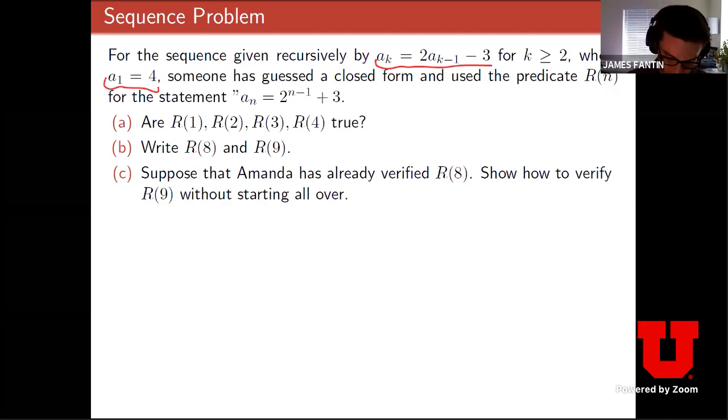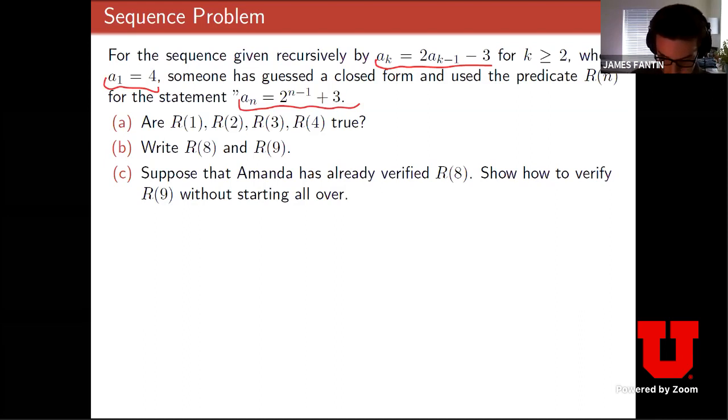Somebody has guessed that the closed formula is a sub n equals 2 to the n minus 1, plus 3. What we want to do here is look at whether this seems right. In a following problem, we'll actually prove that this is indeed the closed formula.